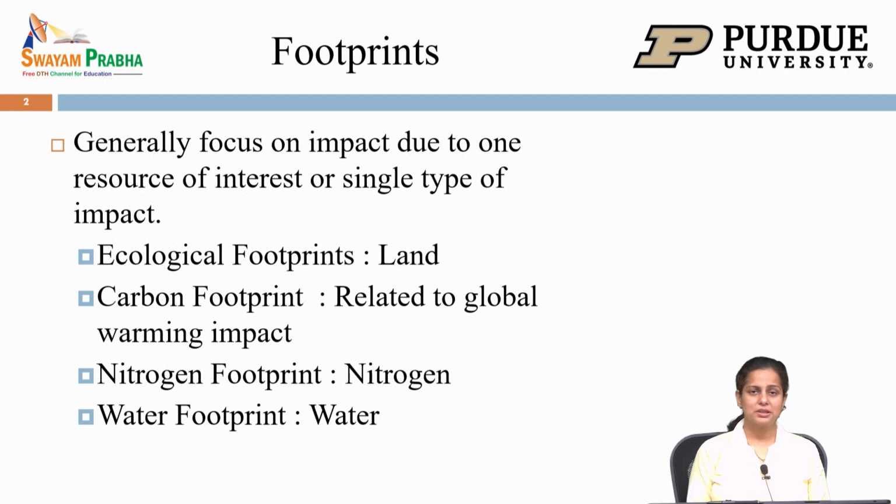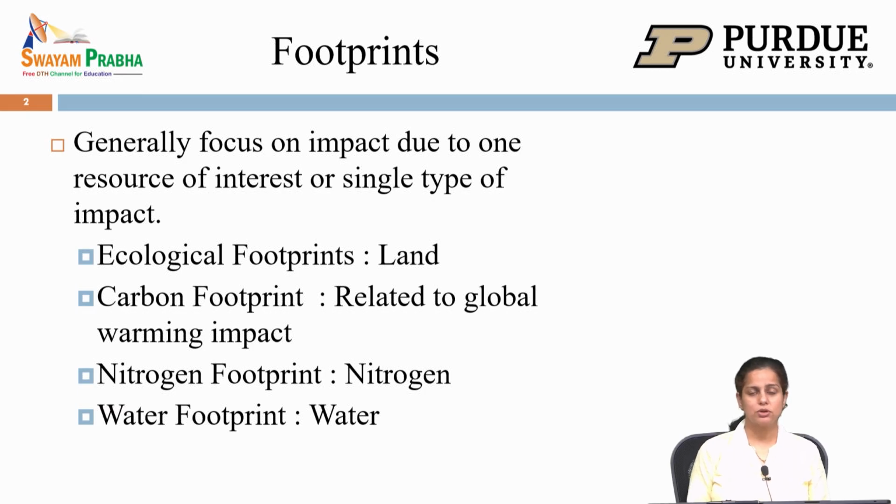And the reason we think of it as a footprint, because there is an assumption that there is a limit to how much CO2 we should be putting out in the atmosphere based on its impact on the atmospheric global warming. There is also other emissions such as methane and N2O which has global warming impact, and hence the carbon footprint is not really just focused on one particular resource or emissions, but has multiple.